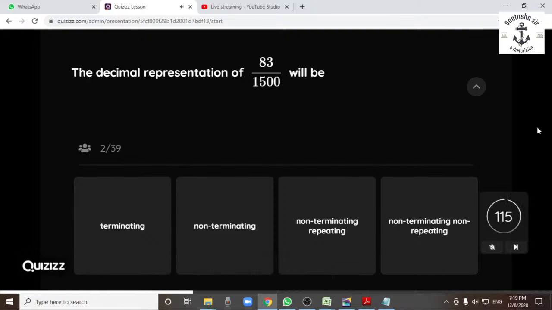The decimal representation of 83 by 1500 will be.